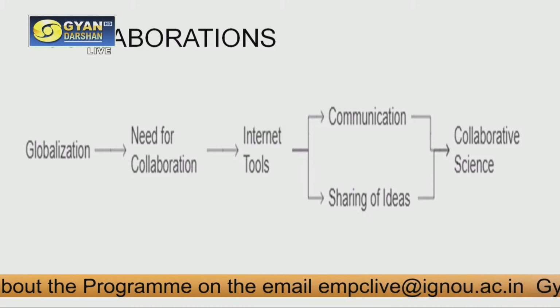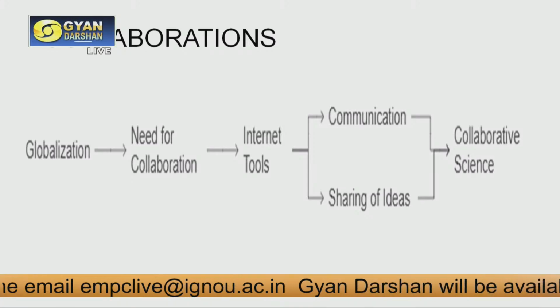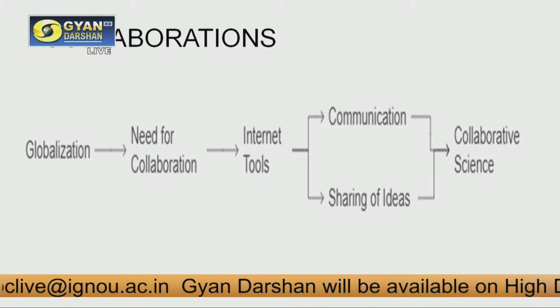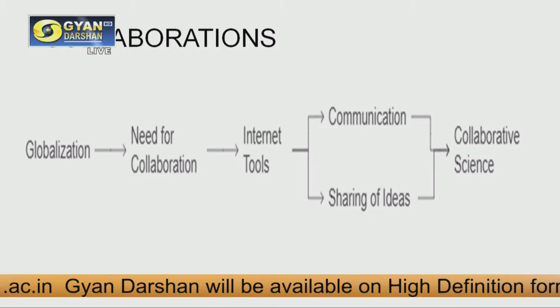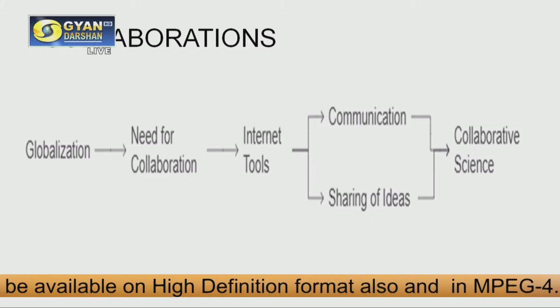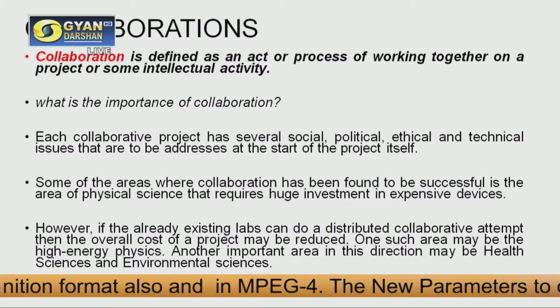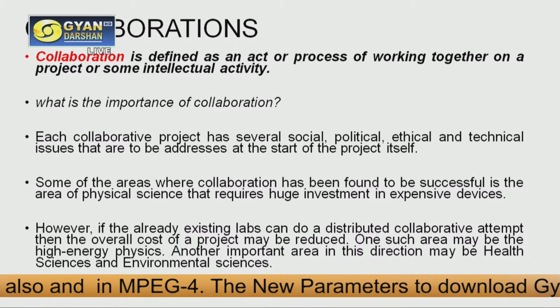There are any number of internet tools which contribute significantly towards sharing ideas and communication. So it is globalization which relates to the need for collaboration and facilitates the collaborative system. So what do we mean by collaboration?